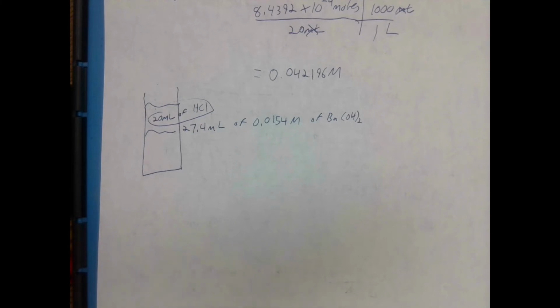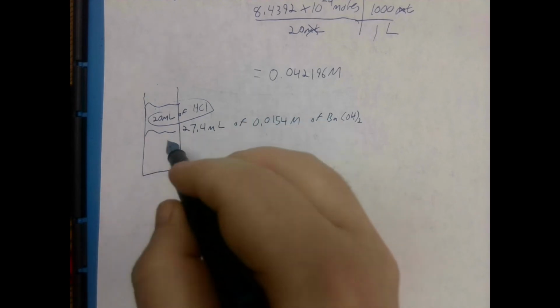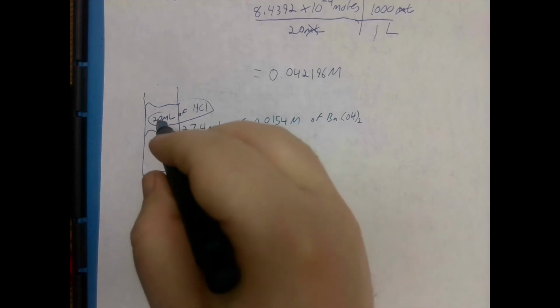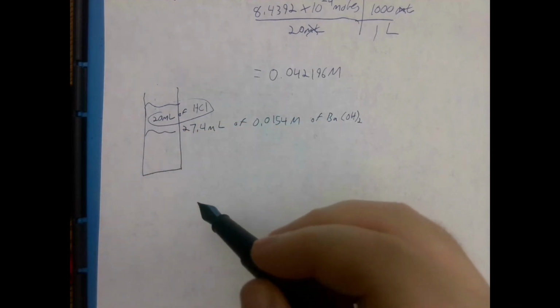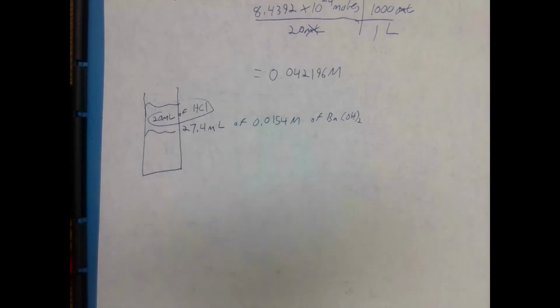To a certain degree. Chances are you aren't very precise in adding one atom so that it's on the atomic level matched up, and then there's other issues. But you know you're very close. You know that within limits to your ability to measure 20.0 milliliters and 27.4 milliliters, it's within 1/10 of a milliliter of being perfectly neutralized.